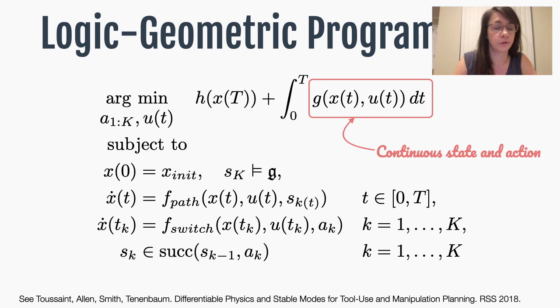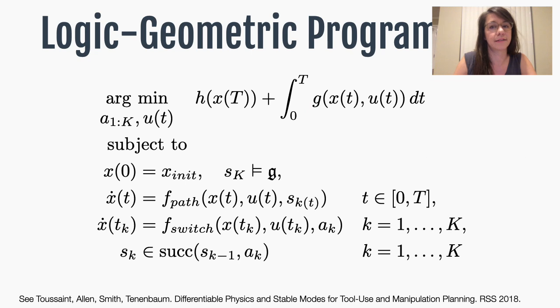And we want to find a solution, or the robot should find a solution that minimizes this cost. So what is special about this logic geometric programming is that it adds a bunch of constraints that adhere to the logic plan that is basically output by, for example, a logic planner.